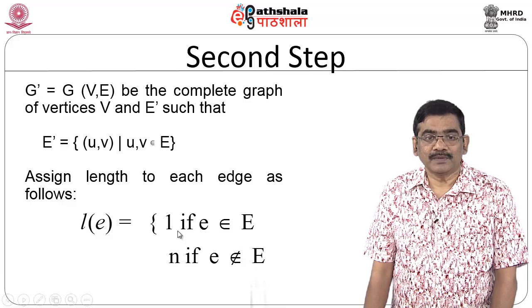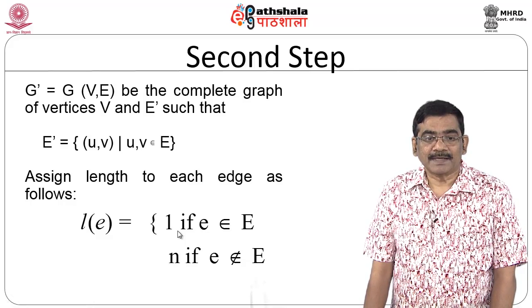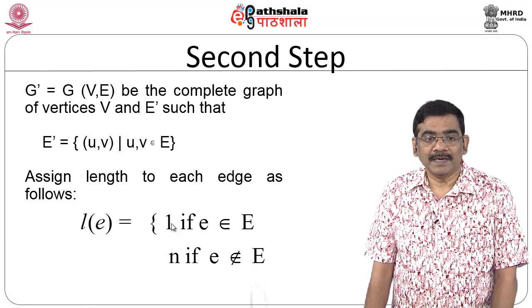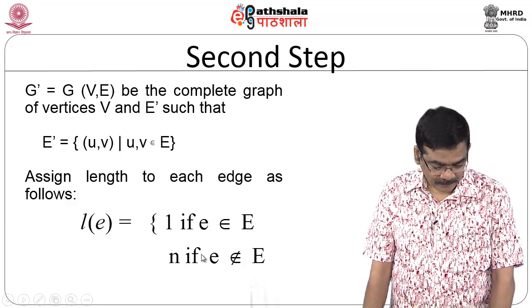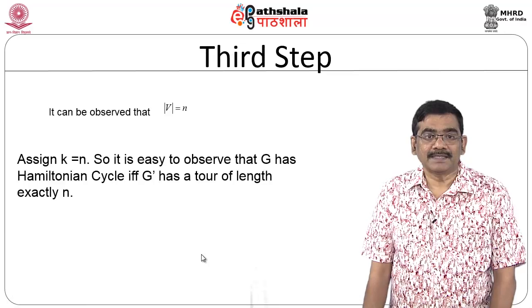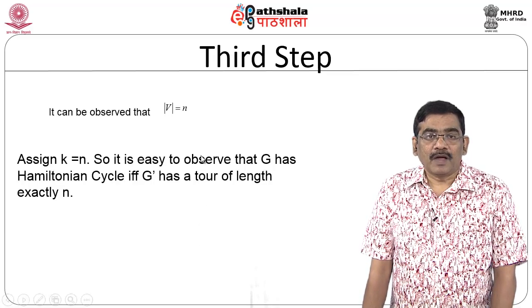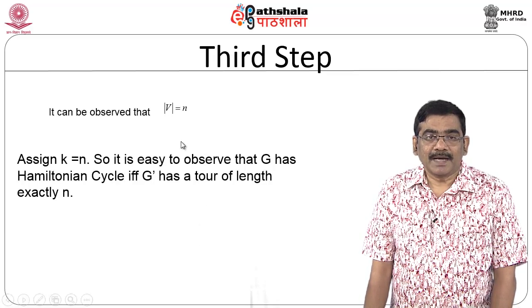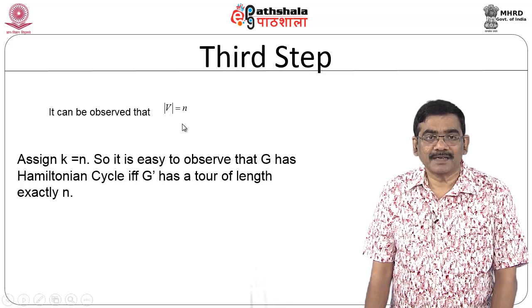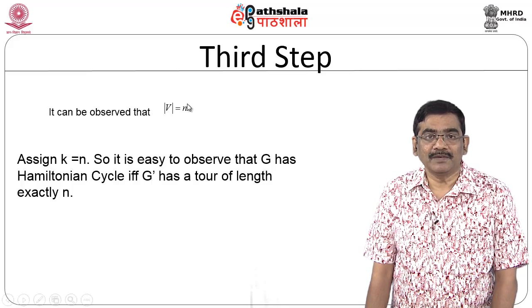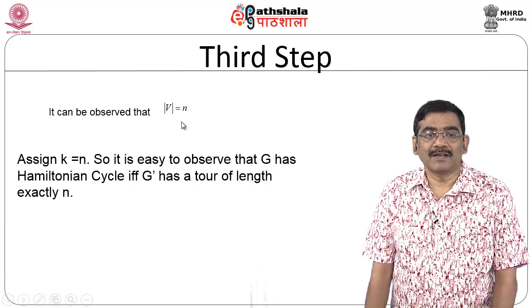We assign the length of 1 if the edge belongs to E, otherwise it is going to be n. So, this is going to be the second step. How many vertices will be there in G prime? It is going to be n. That means the constructed graph G prime is going to have all the vertices of the original graph.